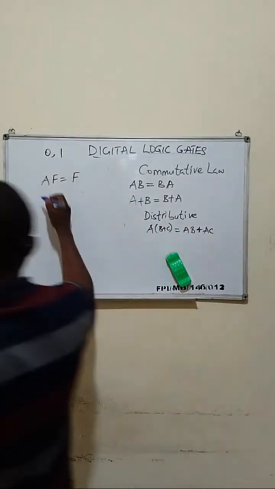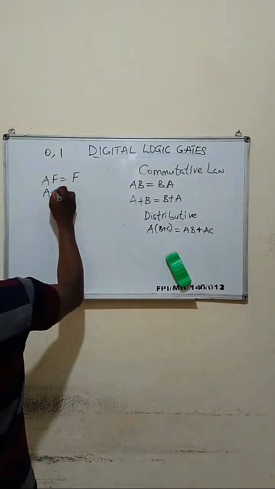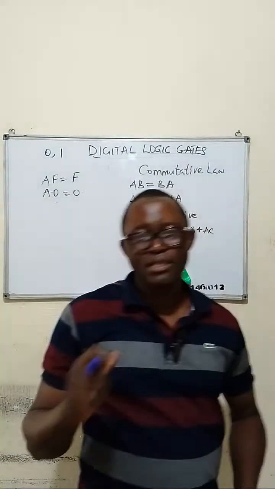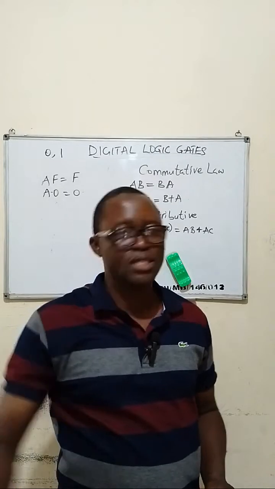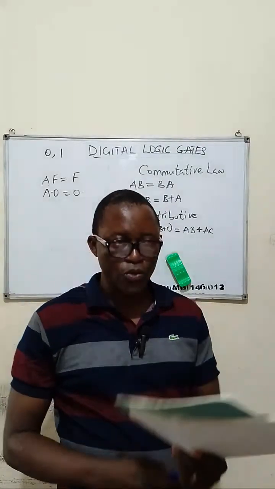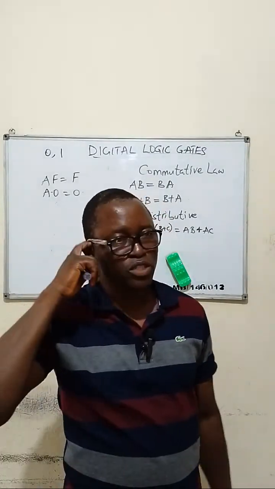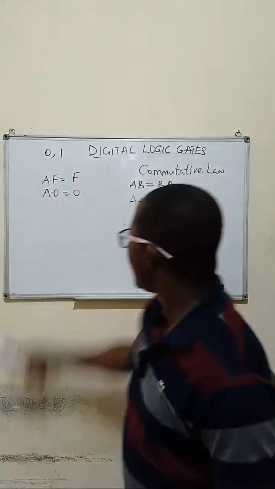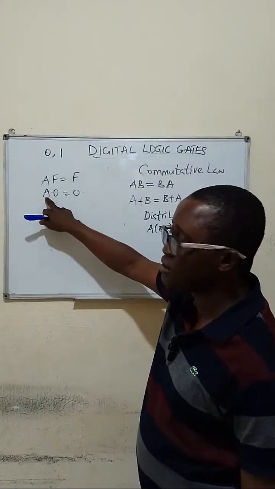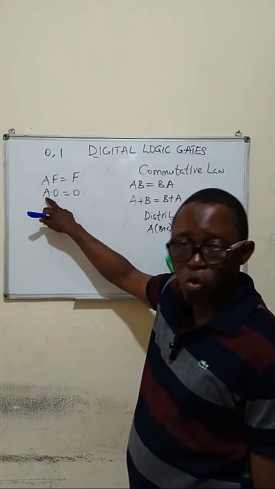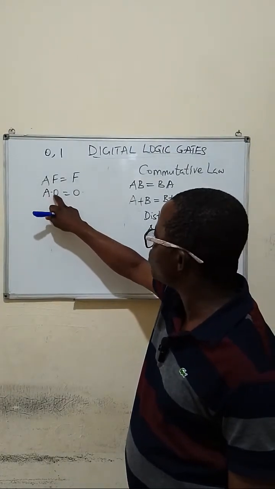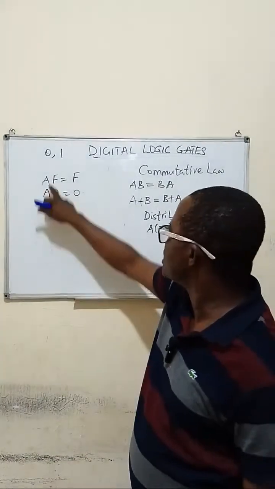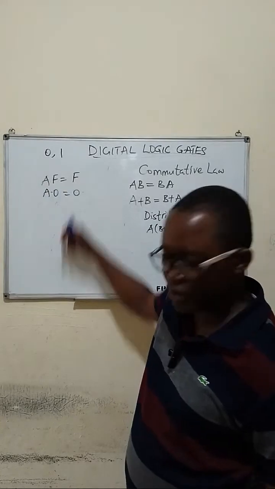So in other words, we can write this one as A dot 0 equals to 0. That is, any logic state that you hand with a logic 0 will give us output as logic 0 from the AND gate. There's nothing you can do about it. Whether A is taking logic high or logic low, once it is handed with logic 0, the result is going to be logic 0. That is meaning of this. AF is equal to F.